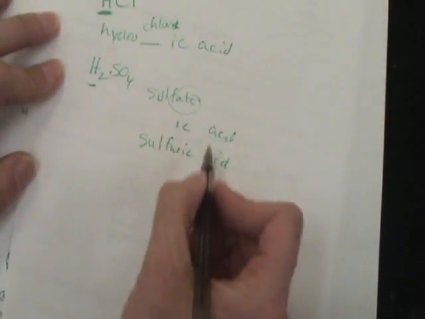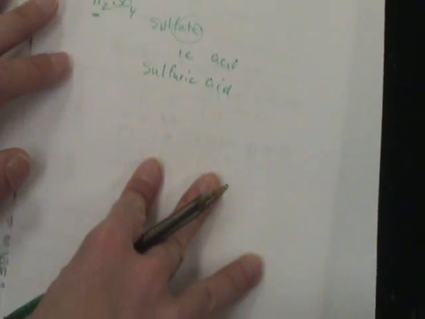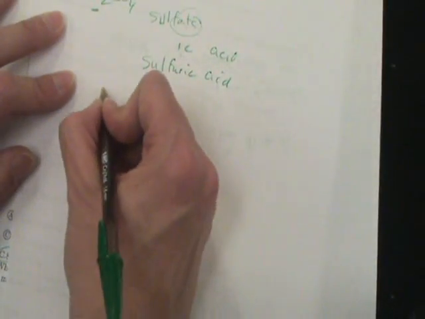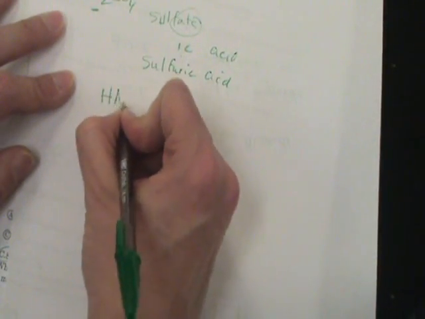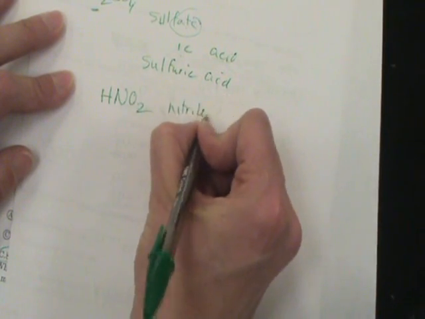Okay, so ate goes to ic, ide goes to hydro-ic, and if we have ite, so let's say we have HNO2, this right here is nitrite.